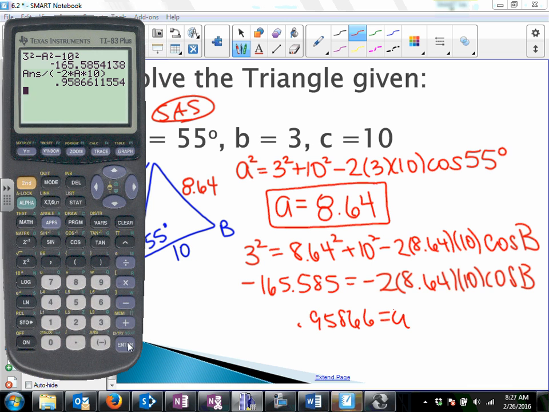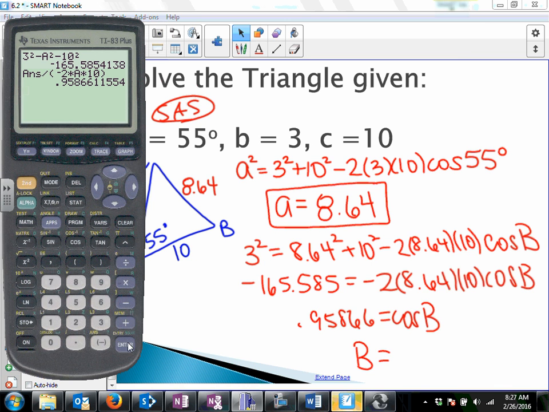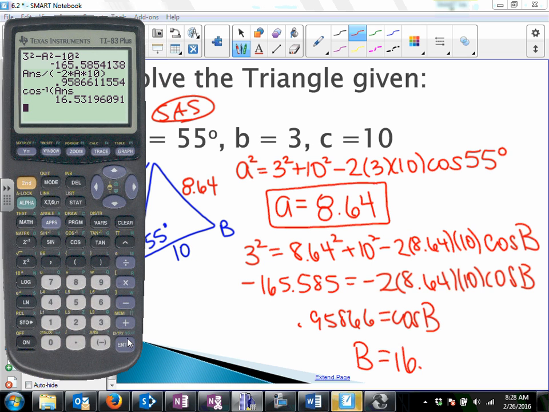That equals the cosine of B, which means in our calculator we need to do what? Inverse. Okay, we need to do the inverse cosine of that answer. Leave all those decimal places in there. So angle B is 16.53 degrees.